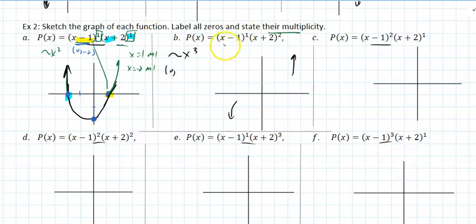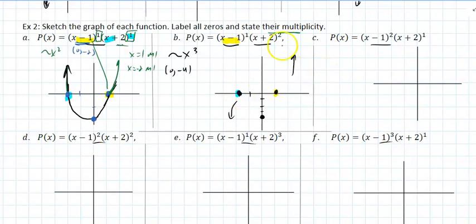I'm looking at -1 times 2 squared, that's -4. Now I have x equal 1 and x equal -2. X equal 1 is a 0, and x equal -2 is also a 0.